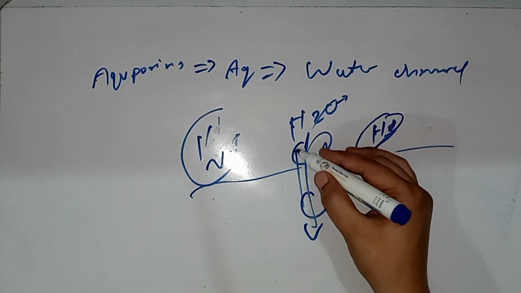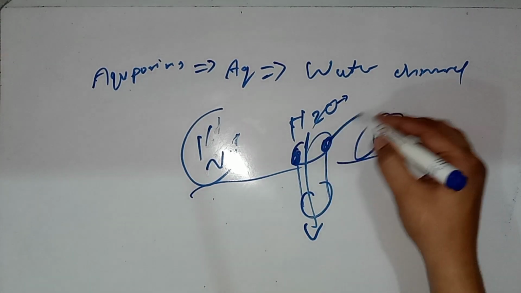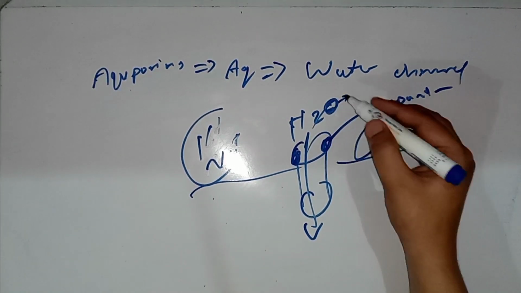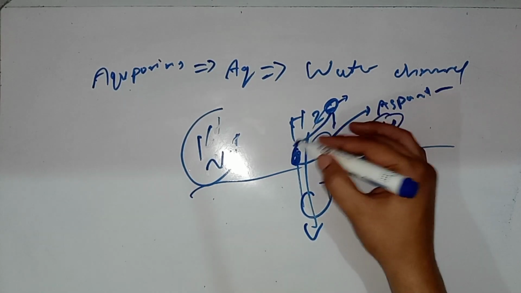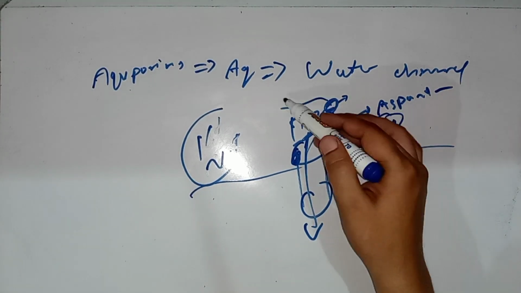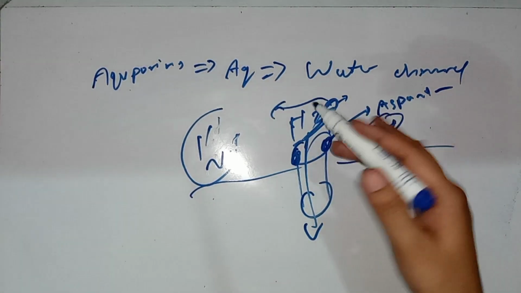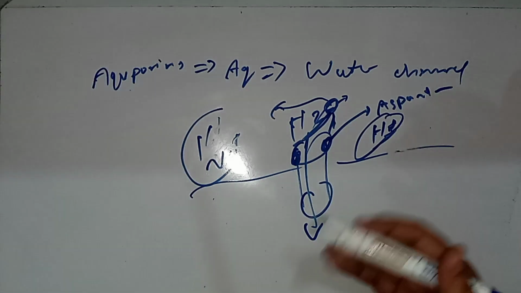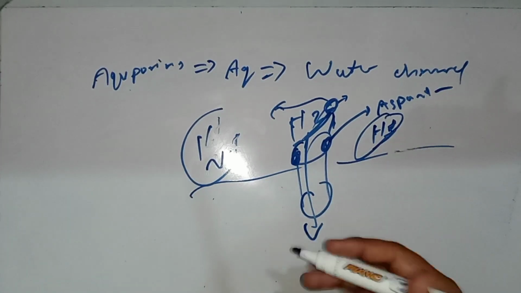However, the aquaporin proteins have aspartate residues here, and this partial negative charge of the water oxygen is interacting with these aspartate residues. So it does not find any opportunity to interact with hydrogen or other positive ions, and it does not allow the ions to cross. So the aquaporin channel allows water molecules to cross it.